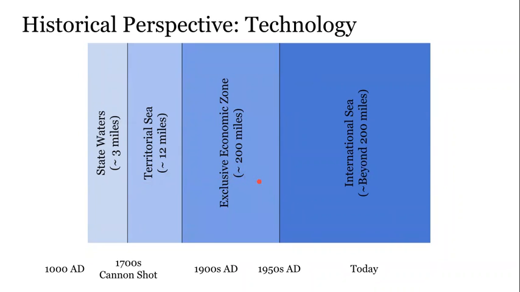And it's a weird world where we want to protect our coastal waters and have sovereignty over our coastal spaces and our ocean spaces further and further out as time goes on.